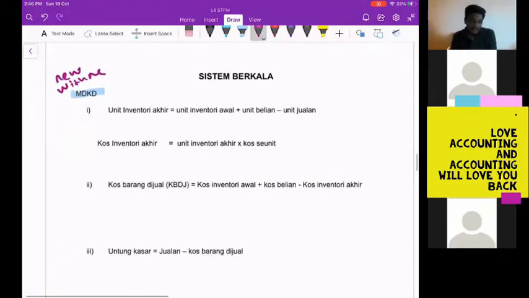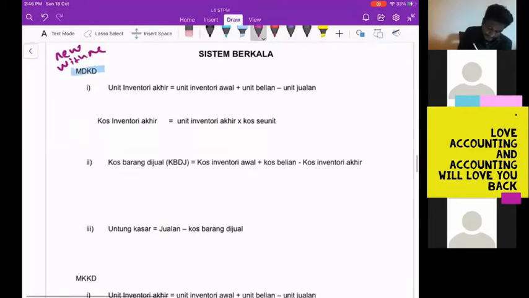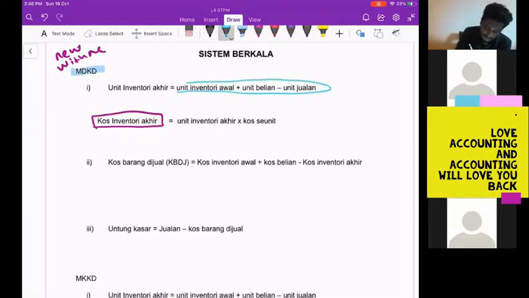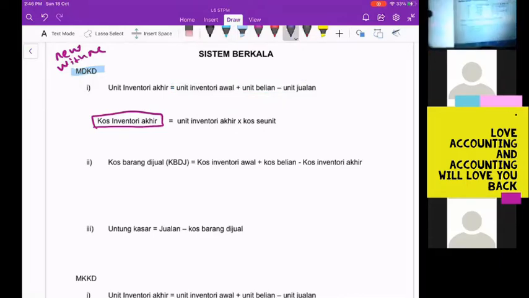Okay, how to calculate cost inventory? The first question they asked me is to calculate cost inventory. Before you calculate the cost inventory, you need to calculate how many unit first. How to calculate how many unit? This is the formula. Unit inventory awal. You refer to the table that just now I snapped a picture of.